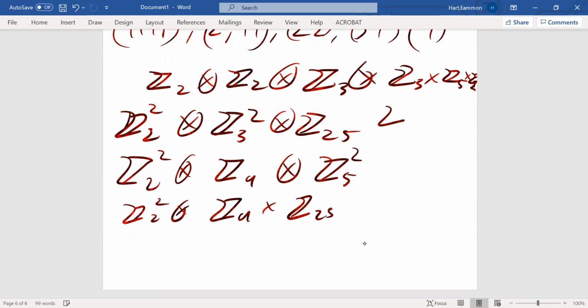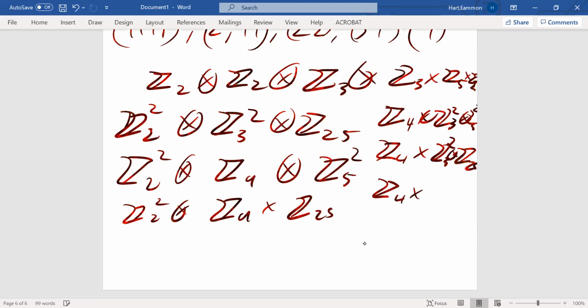What we get: Z4 cross Z3 squared cross Z5 squared, Z4 cross Z3 squared cross Z25, Z4 cross Z9 cross Z5 squared, and Z4 cross Z9 cross Z25.